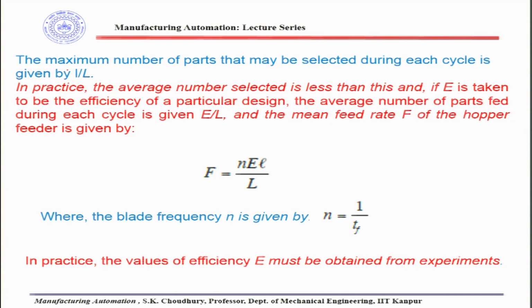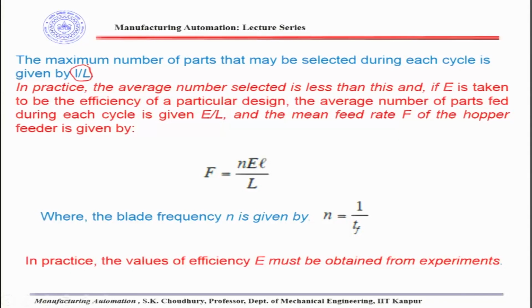So, small l by capital L is the maximum number of parts that may be selected during each cycle. In practice, the average number selected will actually be less than small l by capital L, because not all the parts will be nesting on the track, meaning the track will not be filled up fully during each of these cycles.